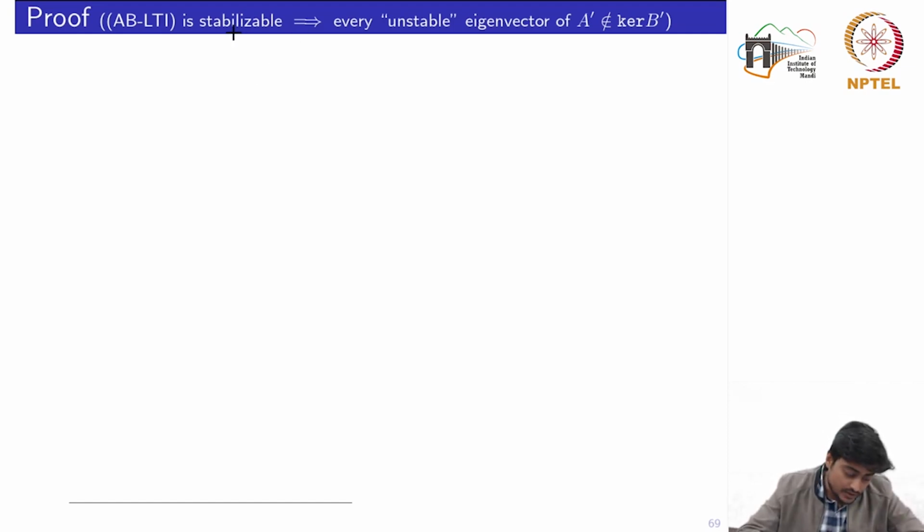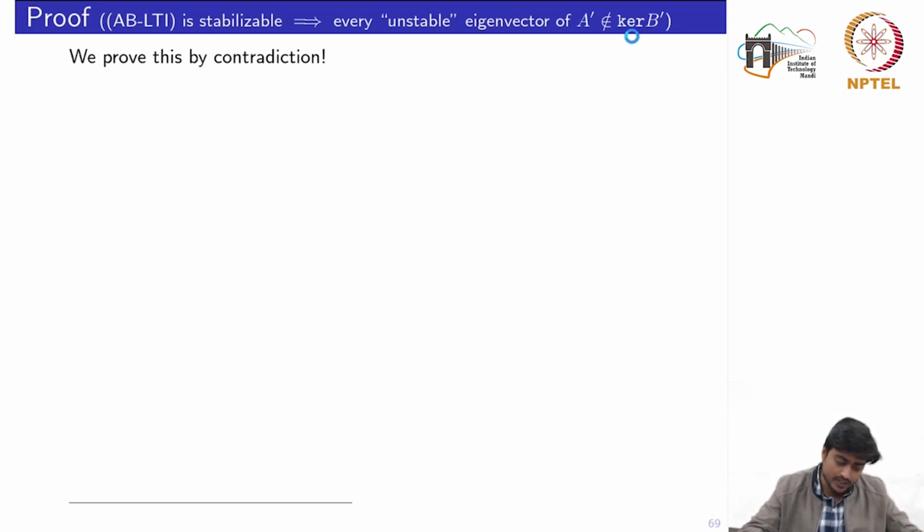First of all, we'll see this implication that if the pair (A, B) is stabilizable, then every unstable eigenvector of A transpose does not belong to the kernel of B transpose. Okay, so we'll prove this by contradiction.